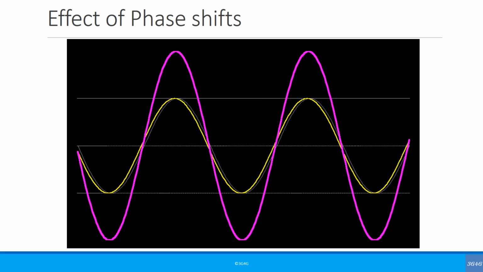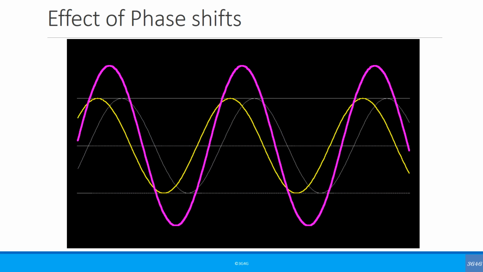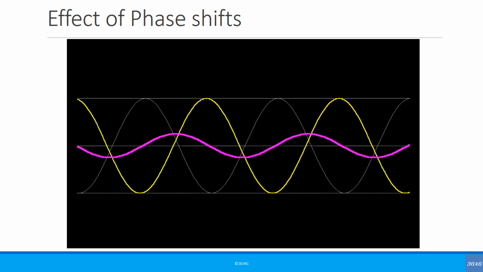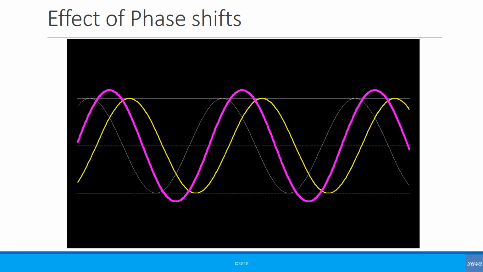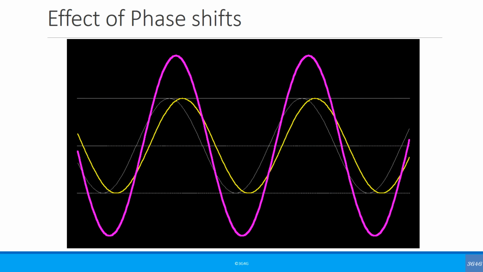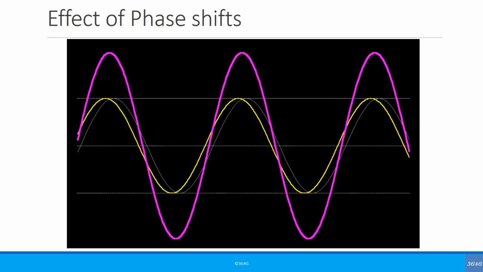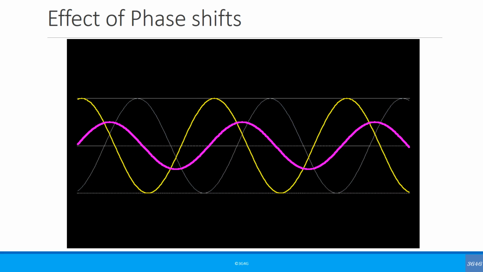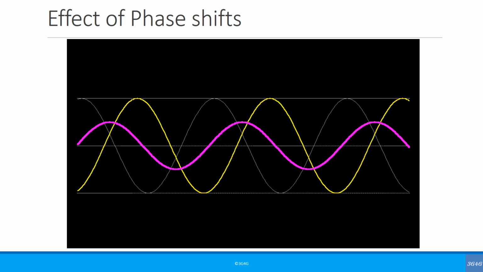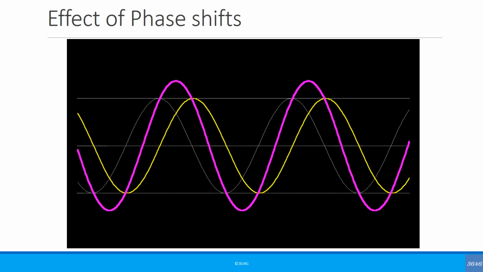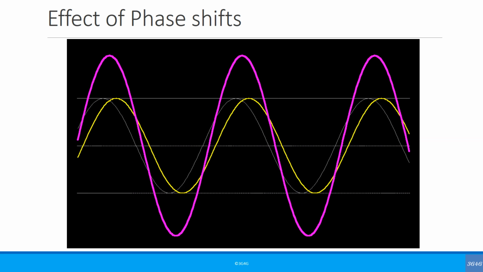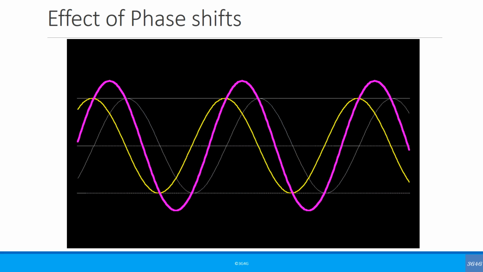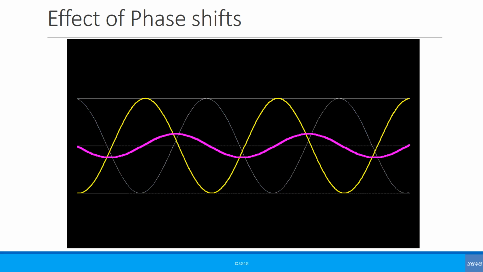When two waves arrive at different phases, as you can see, the pink wave here is the result of two waves being out of phase. Sometimes the two waves cancel each other, and the resultant wave becomes zero, whereas sometimes the two waves are in the same phase and they add together, so the resultant wave is even bigger than the original.